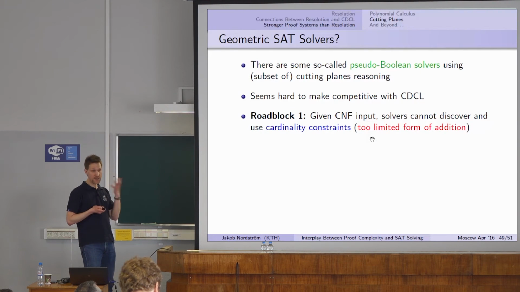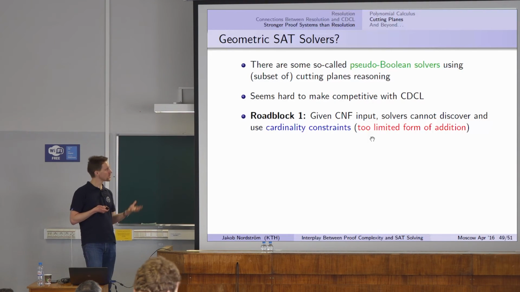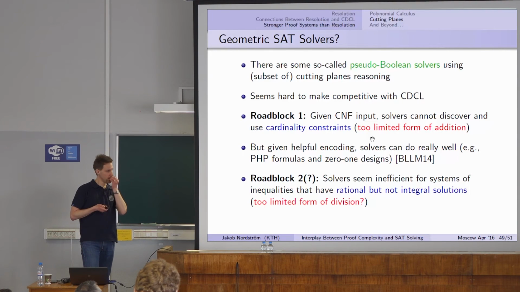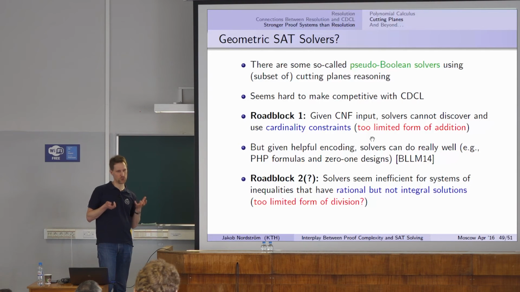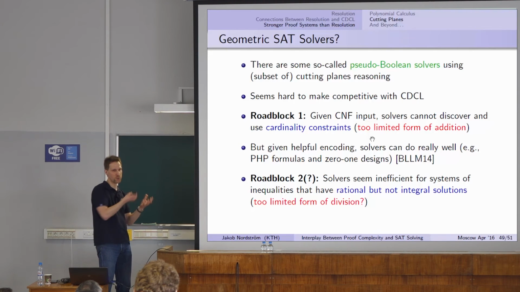But for cutting planes, people are actually working on sat solvers, trying to build so-called pseudo-Boolean sat solvers. There's an active community working on this, whereas on algebraic sat solvers, I don't know of any active community. And the limitations they are running into are very clear when you look at what their algorithms are doing. What makes cutting planes really stronger than resolution? Where does it shine?